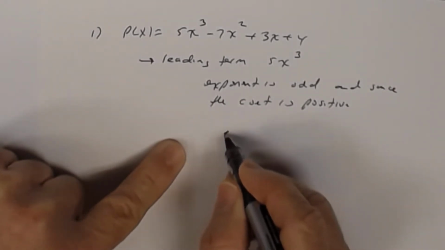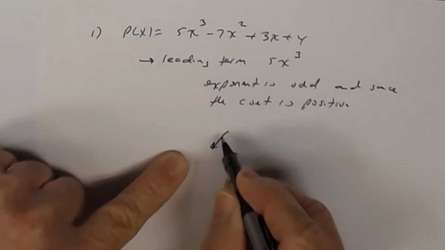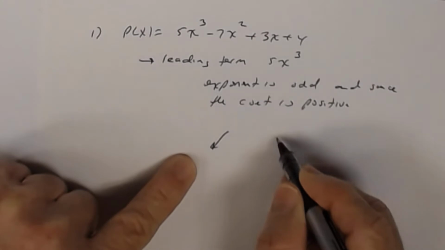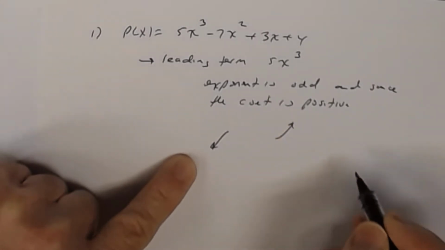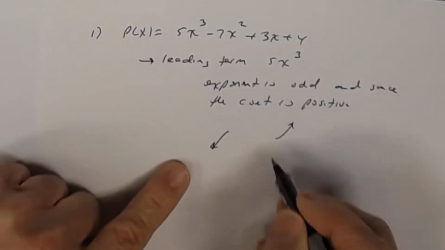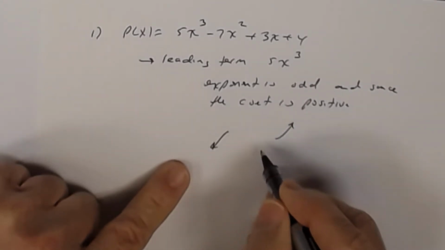On the left side, it'll be pointing down, and on the right side, the graph is going to be pointing up. We don't know what happens between them. There could be all kinds of curves happening between them, okay?